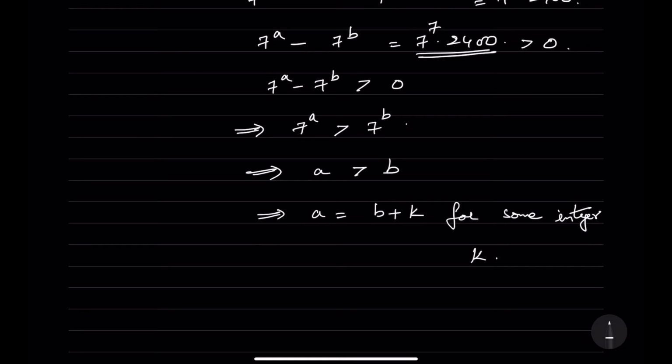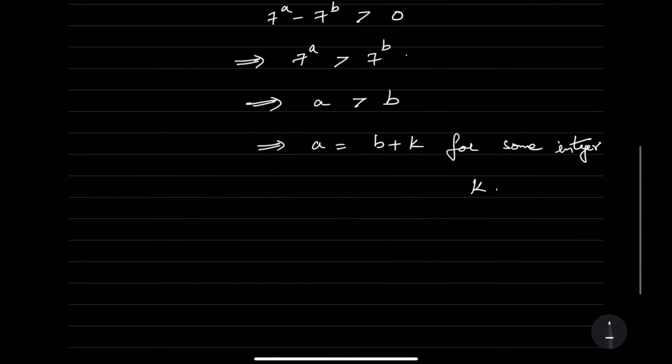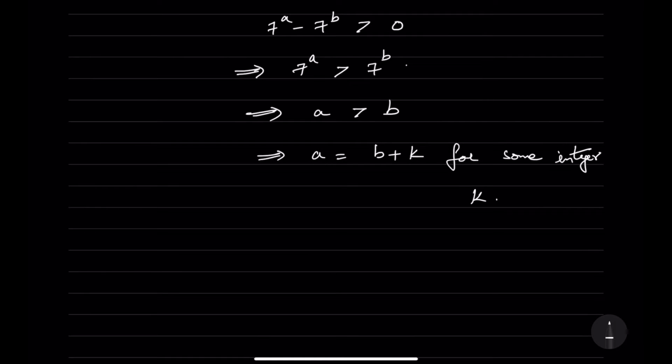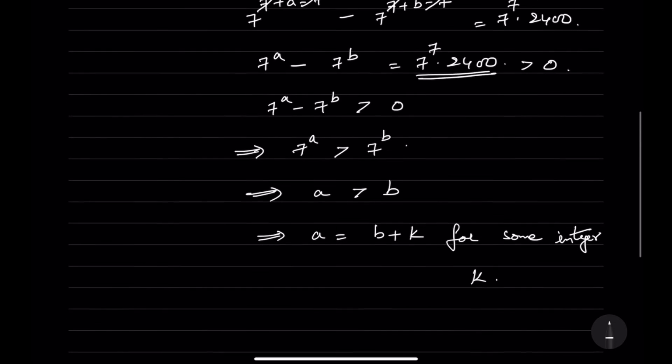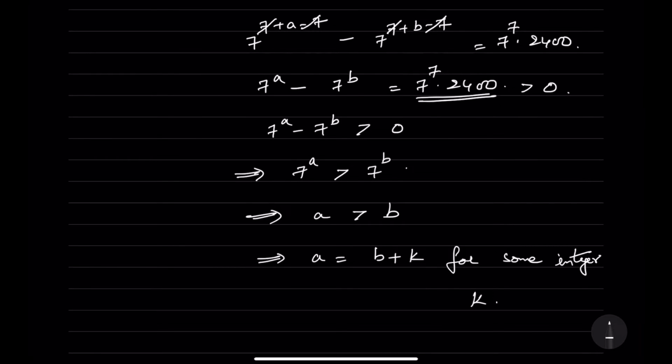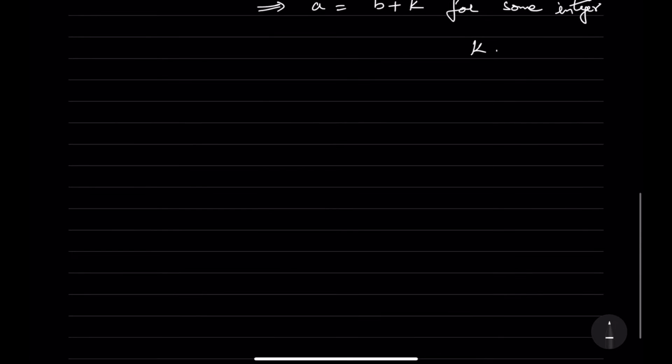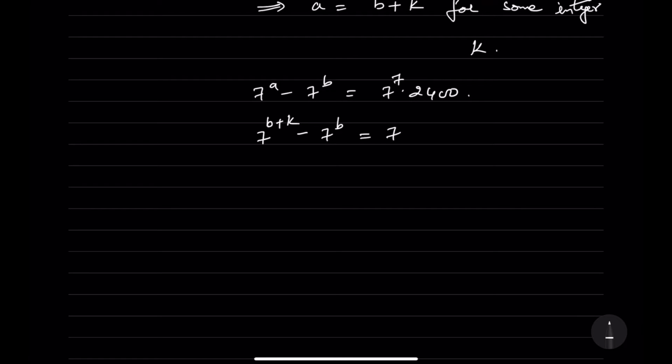So here you have that a is equal to b plus k, for some integer k we are taking here. Then we consider this equation, 7 to the power of a minus 7 to the power of b is equal to 7 to the power of 7 times 2400. In the place of a we can write 7 to the power of b plus k minus 7 to the power of b is equal to 7 to the power of 7 times 2400.